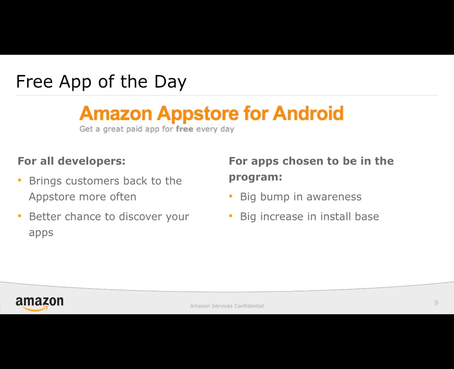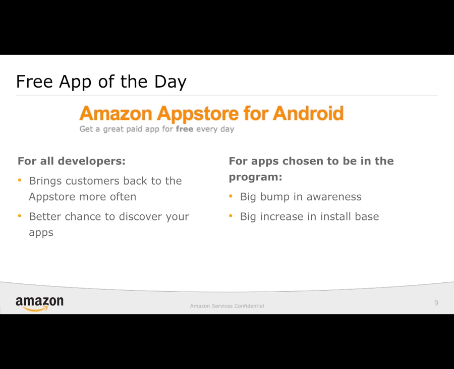And since to see what the free app of the day is, they're also going to see recommendations, and hopefully your app will show up in front of the people who are most likely to buy it through the Amazon recommendation engine. This is a fantastic way of getting more people, more opportunities to look at, find, and purchase your application.